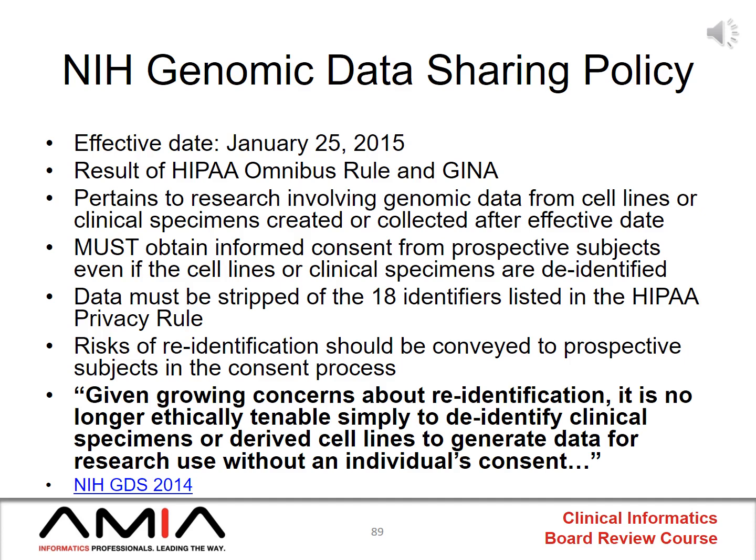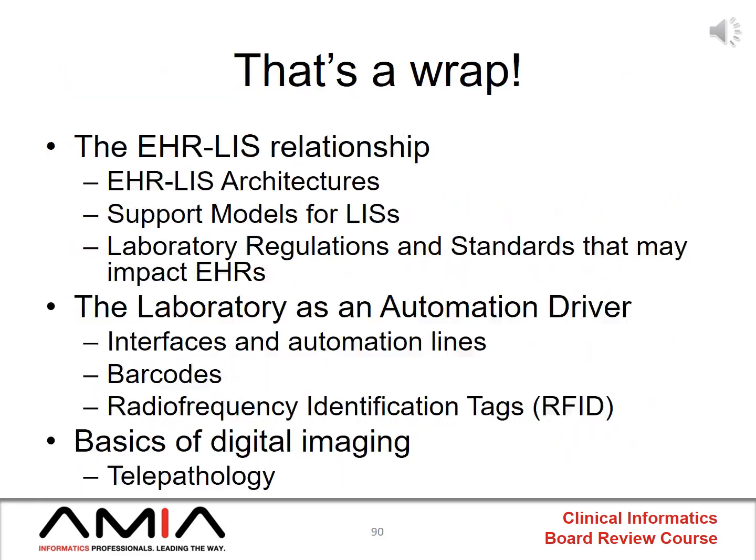The policy also requires investigators to inform participants about the risks of re-identification and specifically states that it is no longer ethically tenable to simply de-identify clinical specimens or derived cell lines to generate data for research use without an individual's consent. Some of you may be familiar with the book The Immortal Life of Henrietta Lacks. Henrietta Lacks was the source of the HeLa cell line, and her re-identification is one of the main reasons why cell lines are included in this policy.